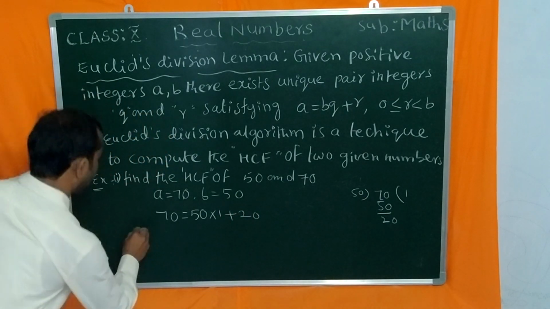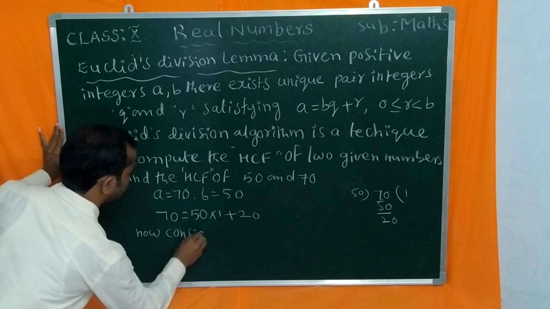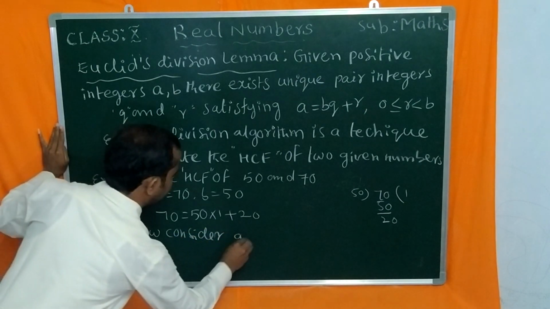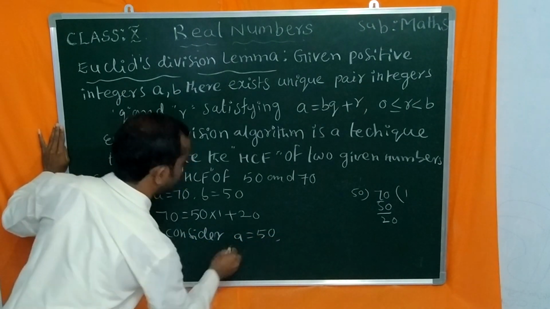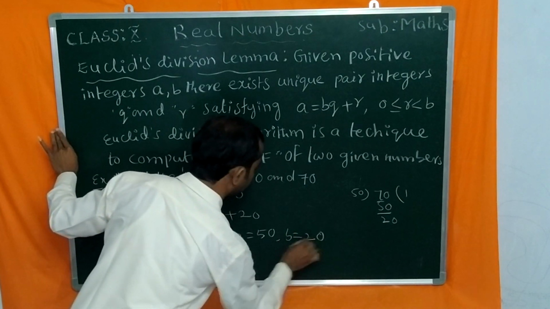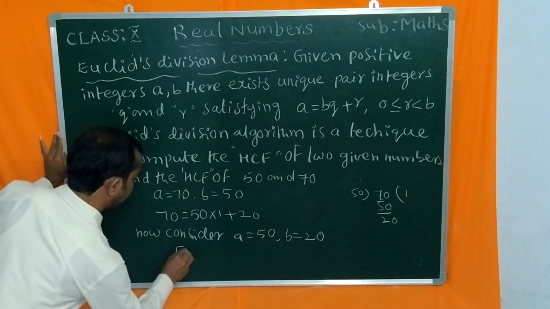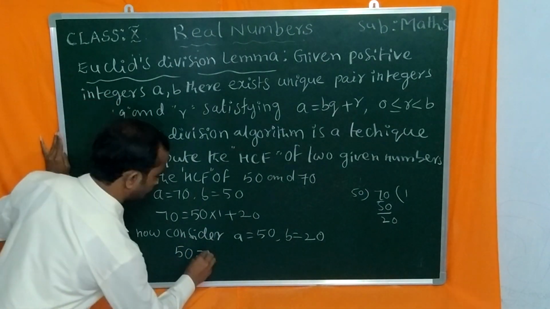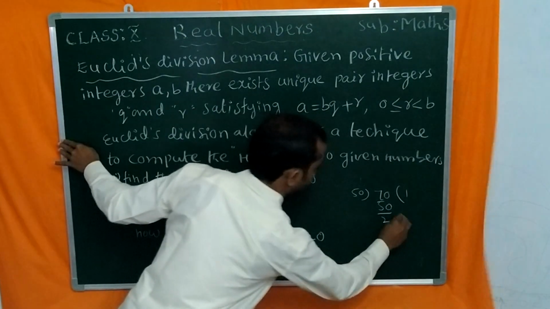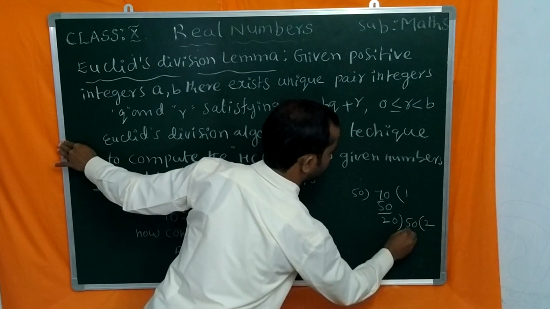So now consider a equals 50 and b equals 20. 50 divided by 20: 20 twos are 40.